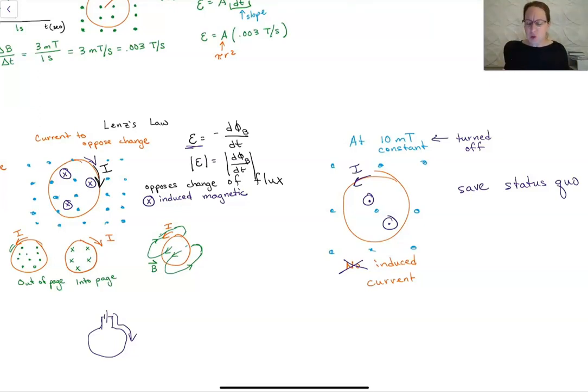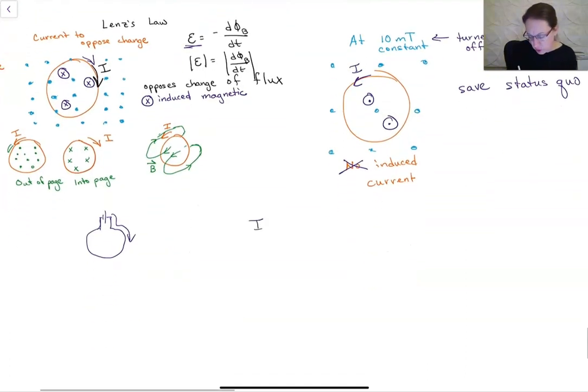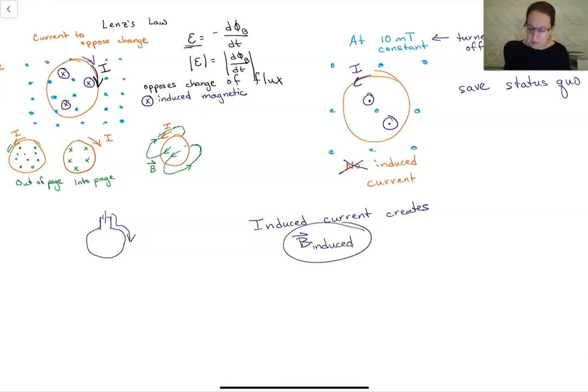Okay? So the direction that the induced current happens is that the induced current creates a magnetic field that's induced. So I'll have a circle around it when I draw it, the circle around the dots or the circle around the X's. Those are the induced magnetic fields.